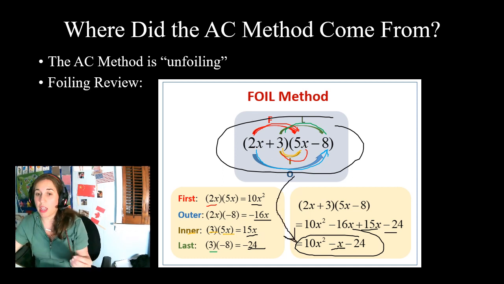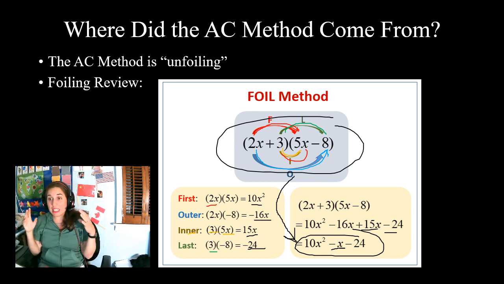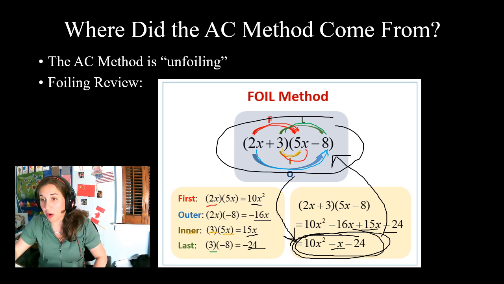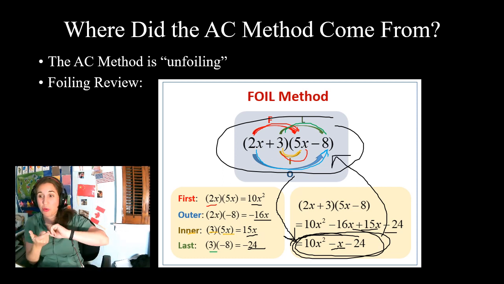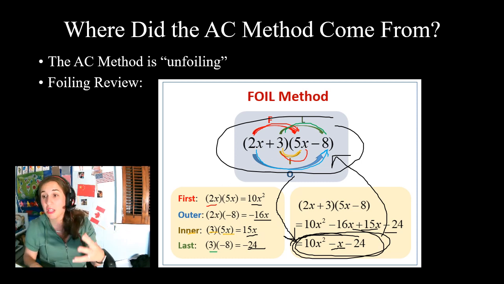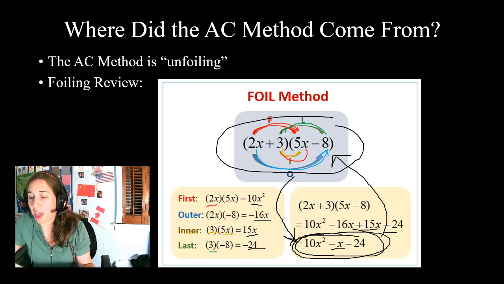That was foiling. When we use the AC method, we're basically reversing that process. Now we're starting with this trinomial, and we need to get to the factored form. So we're undoing the FOIL. That's what we're doing when we're using the AC method. So this is where the AC method comes from.